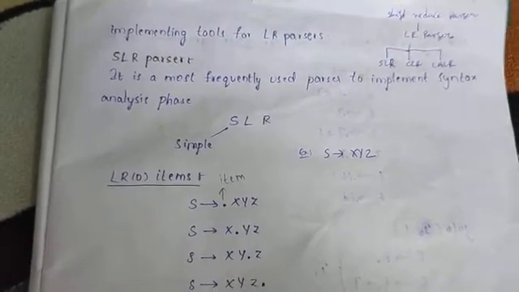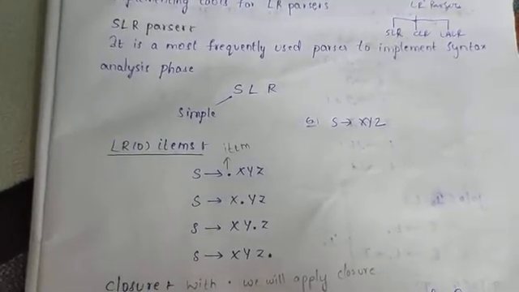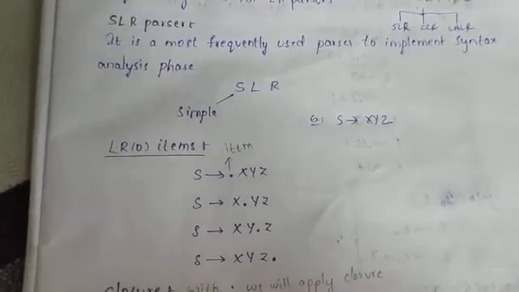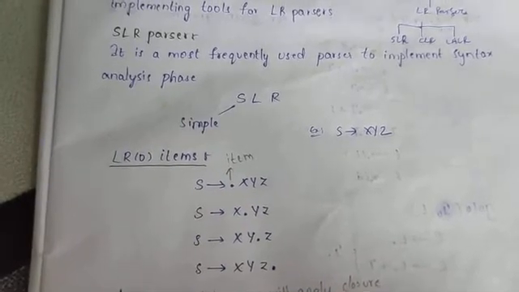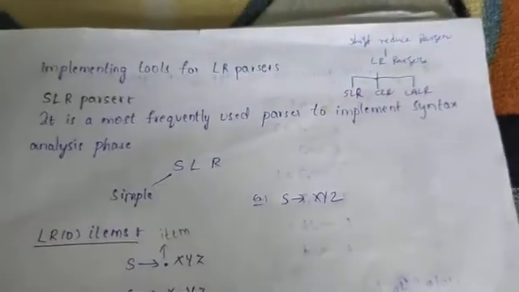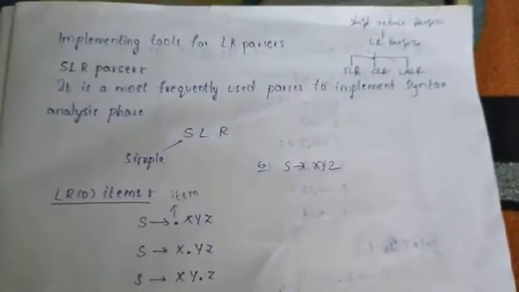Right now we are discussing the syntax analysis phase. In SLR, the first letter S stands for simple. That means this is a simple LR parser. It is also one of the parts of shift reduce parsers. Shift reduce parsers are LR parsers. These LR parsers can be of three types.